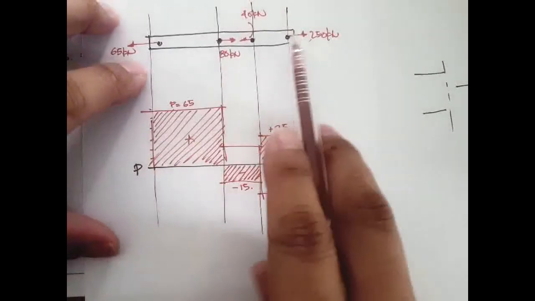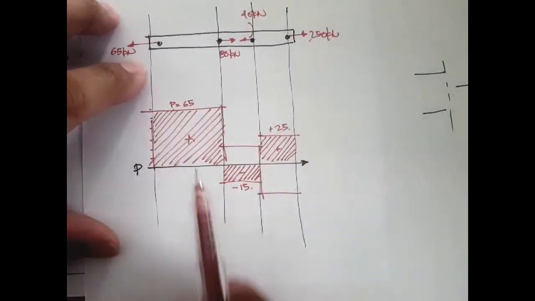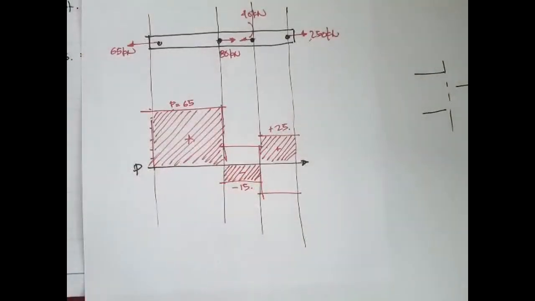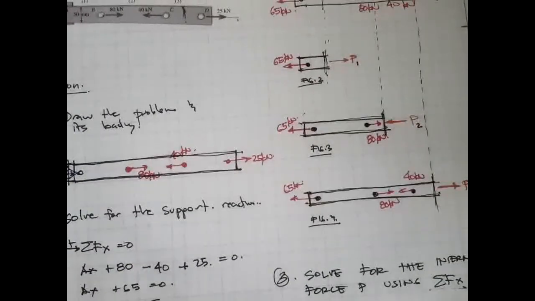We can size up the thickness and the dimensions to accommodate these maximum forces. Okay, so that's all in this video, and in the next video we'll be doing internal forces for shear and moments.